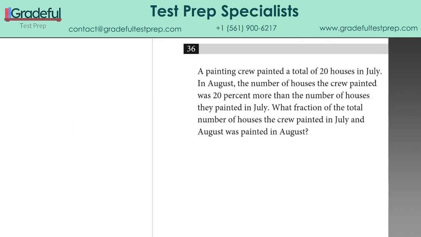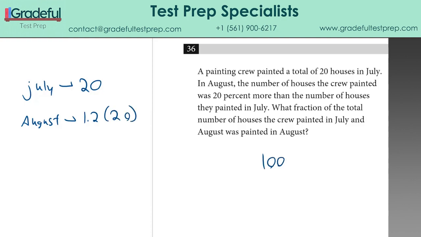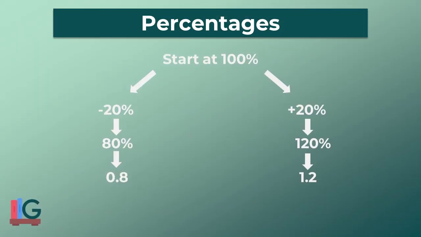Going to question 36 now, we have the number of houses that were painted in July, and the number that were painted in August, and July is 20, and August is 20% more than that. So 20% more would be 1.2 times the 20. The reason is, with percents, you're always starting at 100.